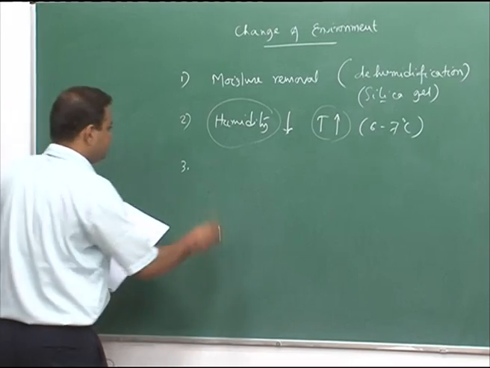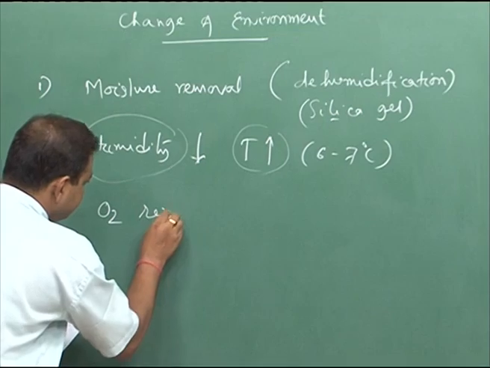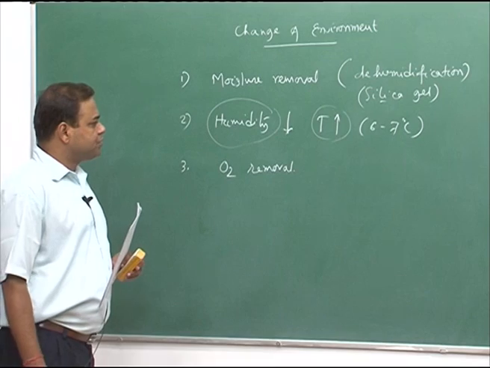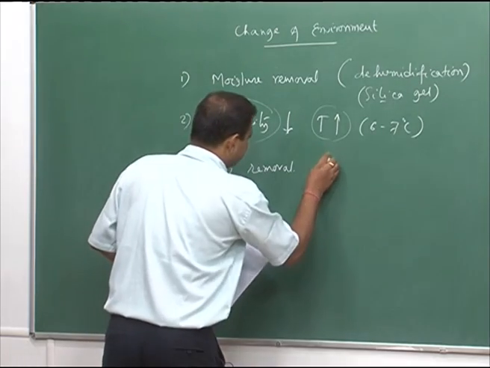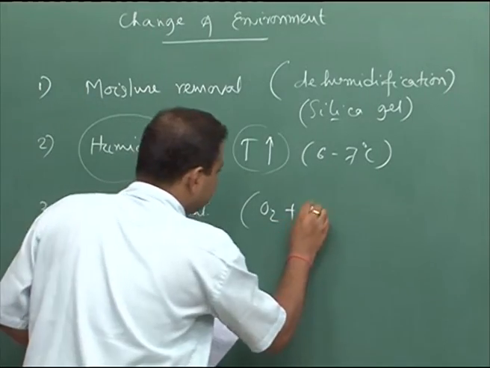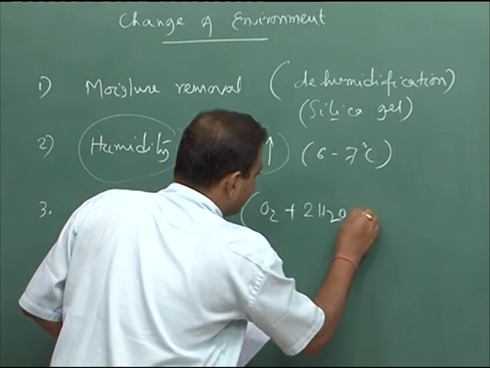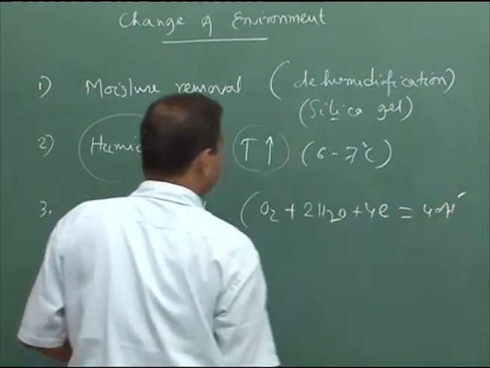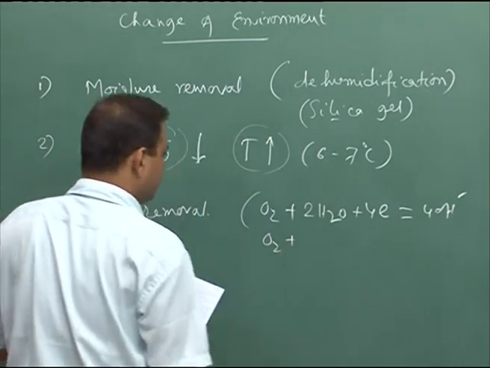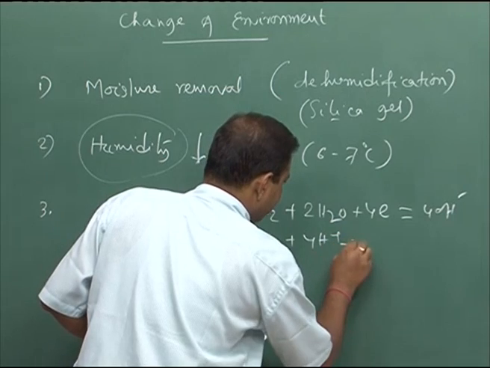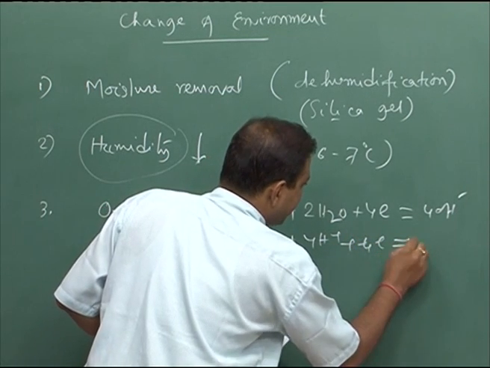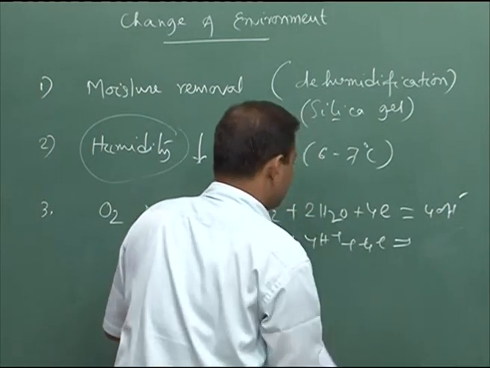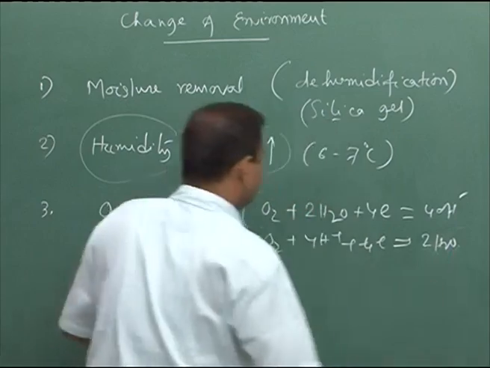Then we can have oxygen removal. Because in case of neutral or basic medium, this is the major cathodic reaction, or even in the acidic media we have dissolved oxygen, then this reaction can occur, which is also a cathodic reaction.